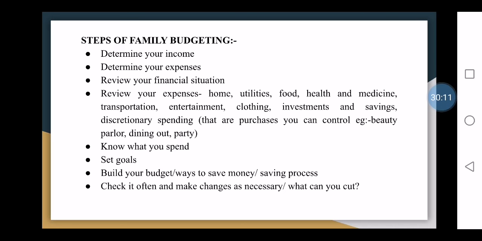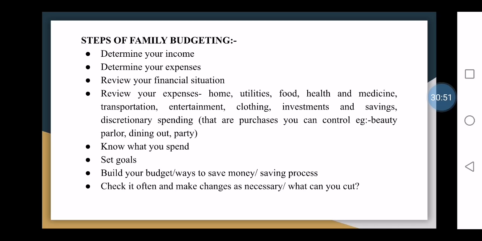So with this particular unit, health economics, is completed. So in health economics overall, we have studied about what is the need of a health economy, what is the role of a nurse in health economics, what is macroeconomic and microeconomy, and what are the cost analysis steps, how we analyze the cost in a hospital, and what is the need of a family budgeting, or what are the steps of a family budgeting, how we can do a cost containment, what is a cost containment, the types of cost analysis, and the various sources of healthcare financing, the third party insurance, third party payments, direct consumers, and the private support.